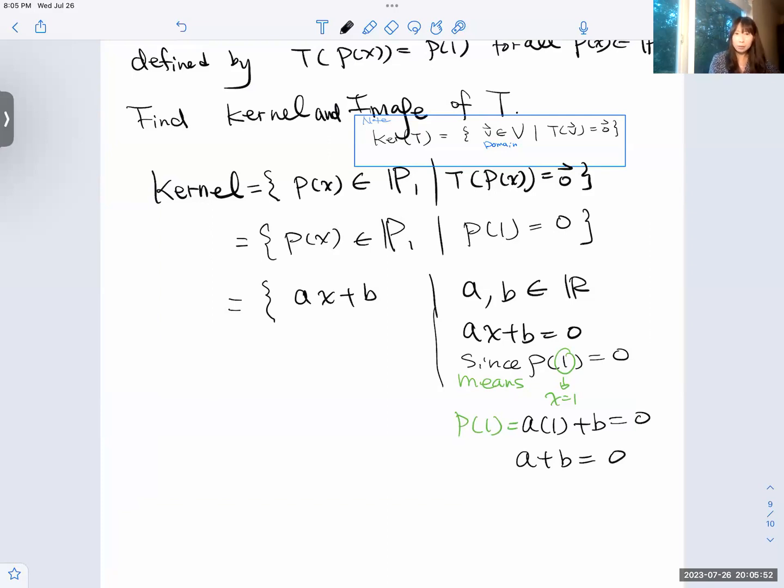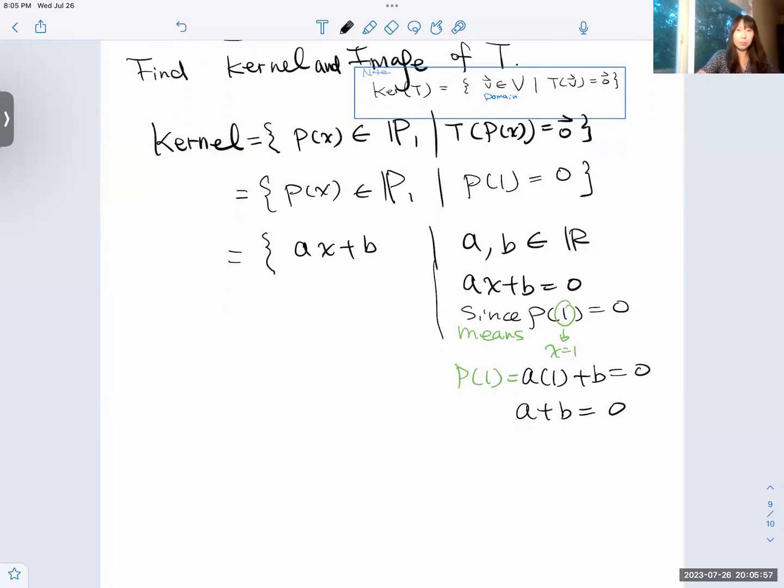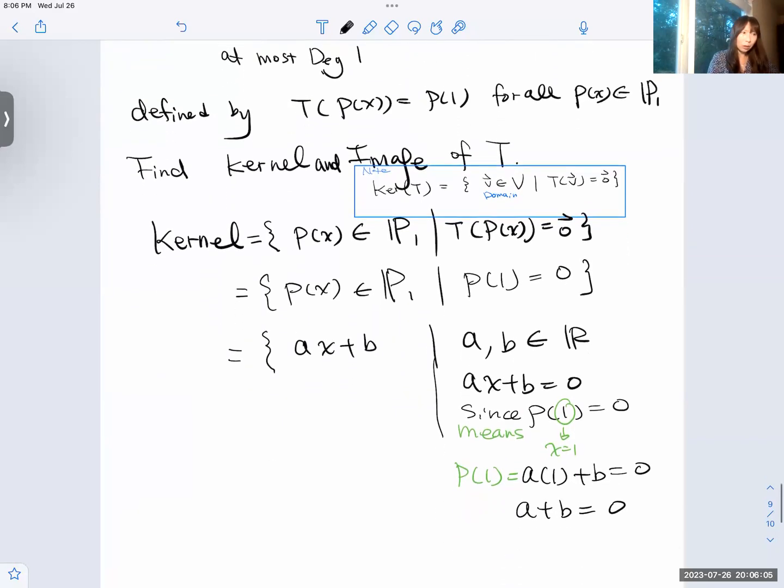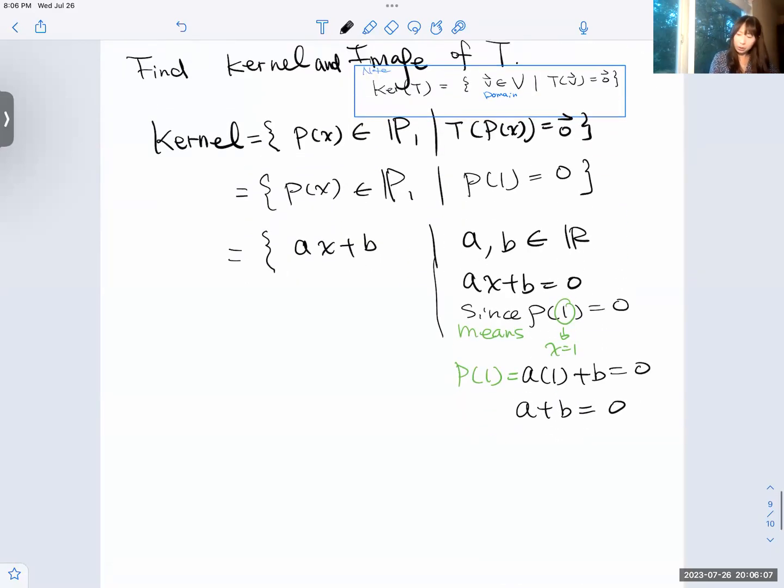Then B equals negative A. So we can have AX minus A, such that A is a real number.